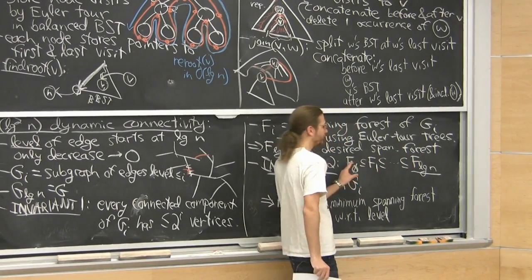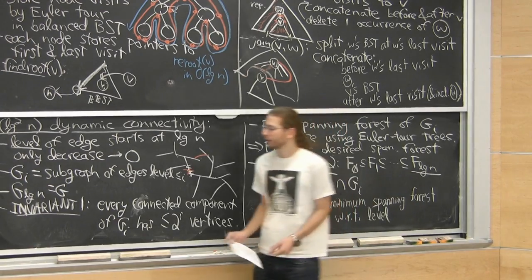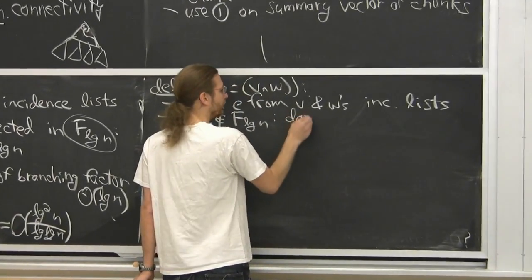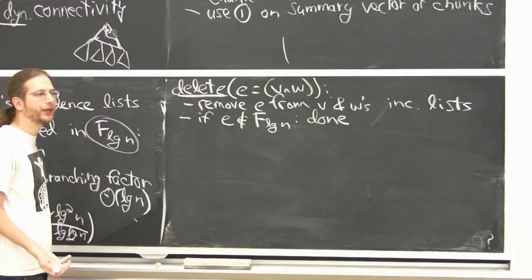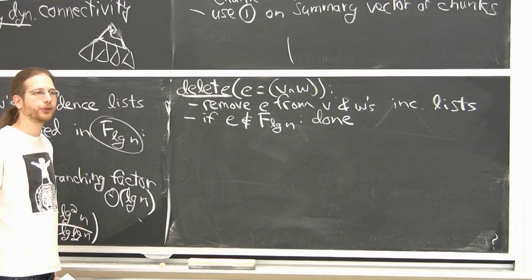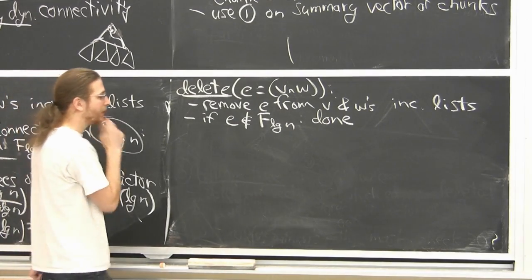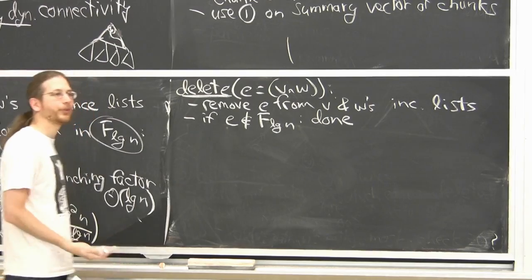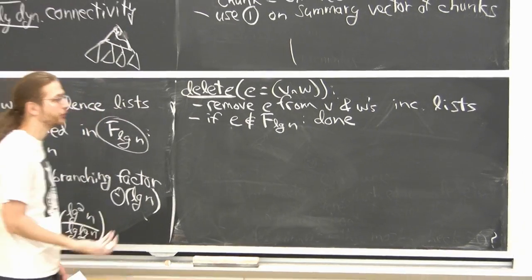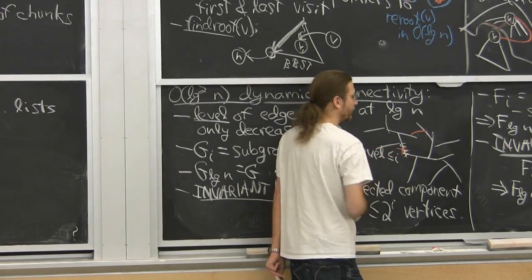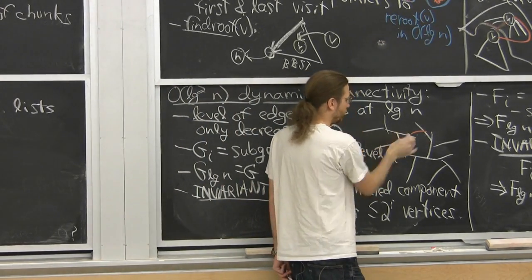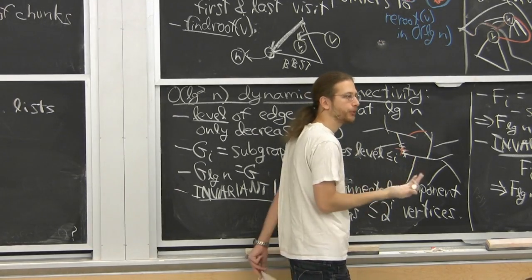So if it's in any forest, it's going to be in the last one. So if it's not in the last one, that means it's not in any of the forests. That means we're done. We do nothing. That's the easy case. We didn't destroy any connectivity because the forests represent maximal connectivity. They're spanning. But if it's in the forest, then something changed. Then we need to determine, like in this picture, is there a replacement edge or is there no replacement edge?